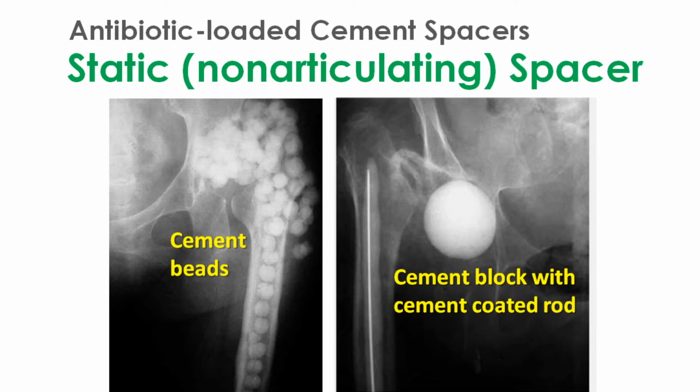The disadvantage of a static spacer is that it does not allow physiological motion of the joint and results in periarticular scarring and muscle contractures and substantial impairment of patients' normal daily activities during the prolonged course of treatment. Another drawback of the static spacer is bone loss attributed to migration of the block spacer.